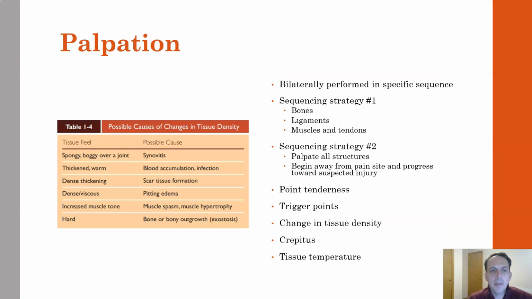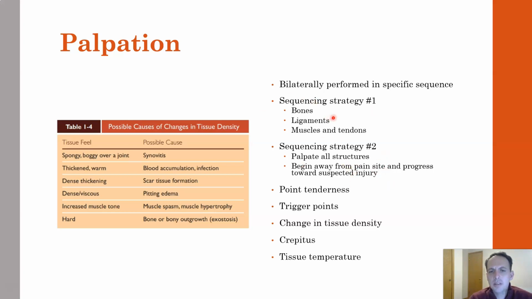Next, we move on to palpation, and this is a diagnostic touch. We'll see that there really are two sequences associated with how you go about using palpation. Some individuals focus on creating a systematic approach where they palpate all structures in the body region regardless of potential injury sites, starting away from the injury site and moving towards it.